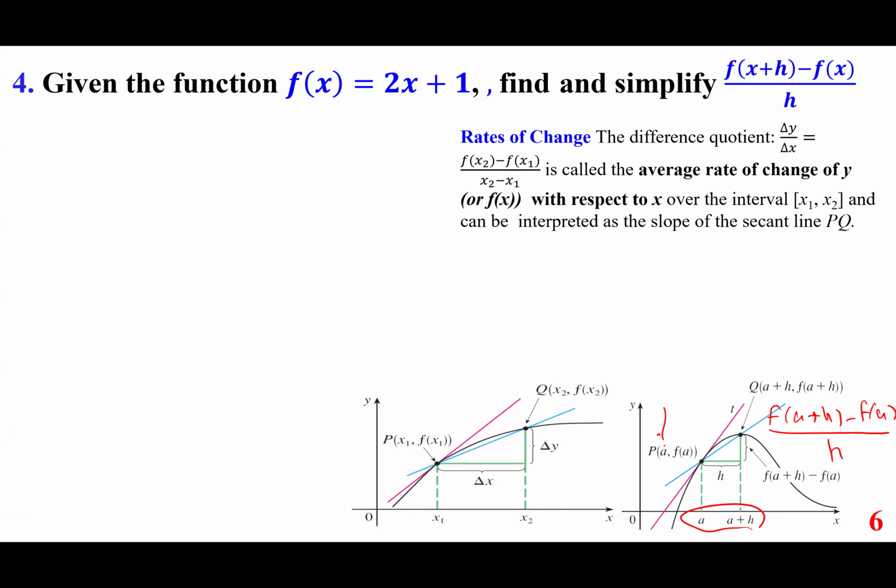If you change this to x, you get f of x plus h minus f of x over h. Okay, everybody. So that's pretty straightforward.